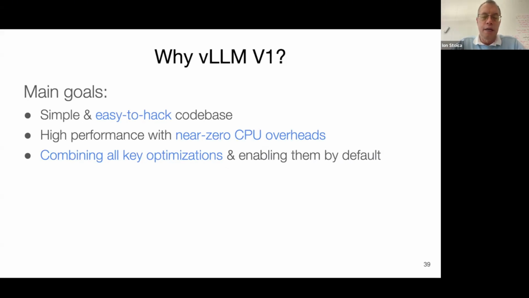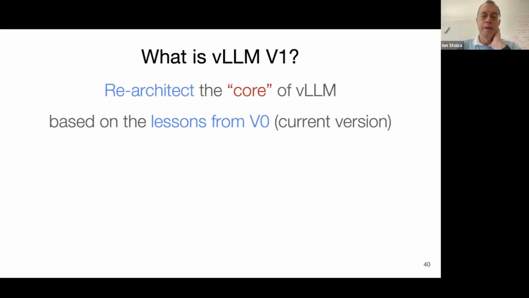and provide higher performance, of course, with very little CPU overhead, and also to combine, now that you know a lot more optimizations than when you started to design the system, now you rethink how you can integrate all these optimizations in a much better way. Okay.